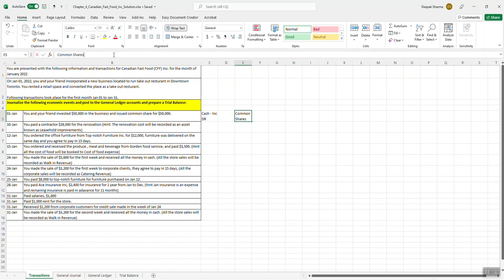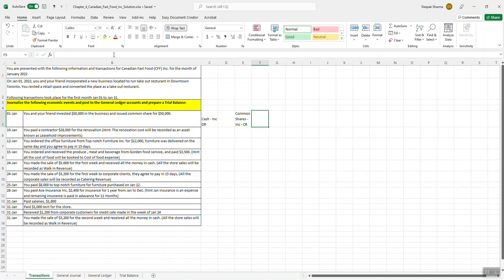Common share is an equity, and we know that equity follows a credit rule, and this also increased. So if the equity or common share increased, what do we do? We look back at the rules: we credit. So the entry to record this transaction is to debit cash and credit common share.